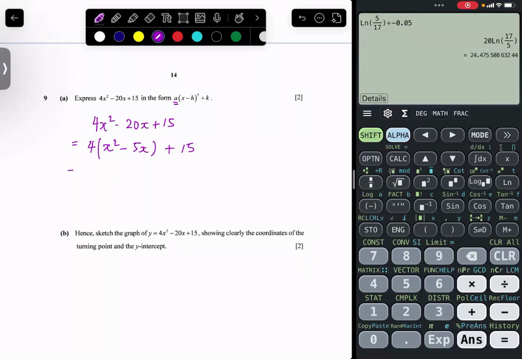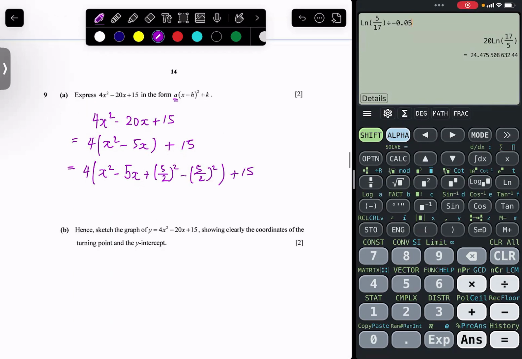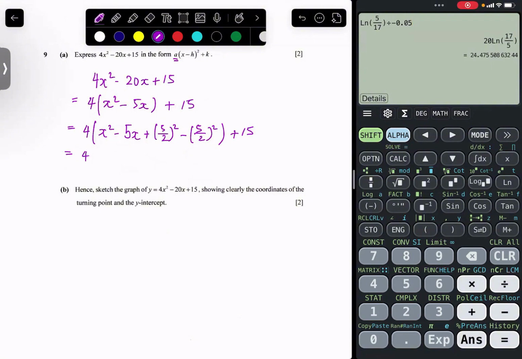So that will be 4 times x squared minus 5x plus 5 over 2 squared minus 5 over 2 squared, close, plus 15. Then this becomes 4 times (x minus 5 over 2) squared. Then minus 25 on the outside plus 15, which is 4(x minus 5 over 2) squared minus 10.